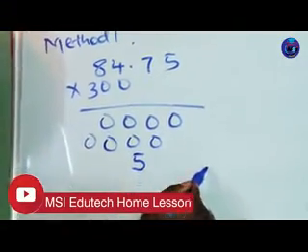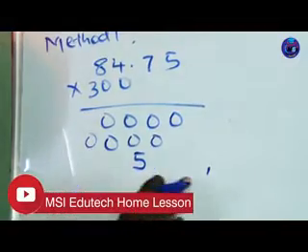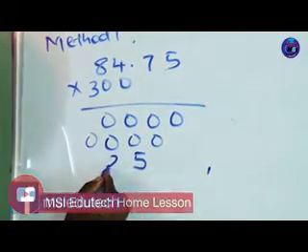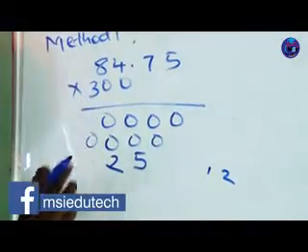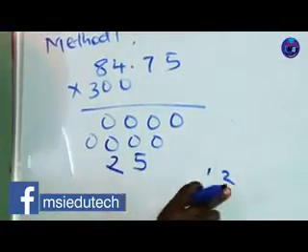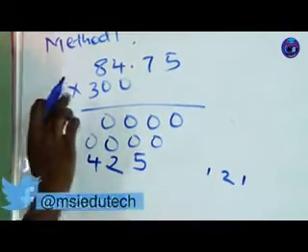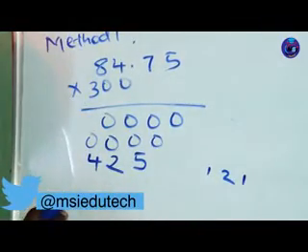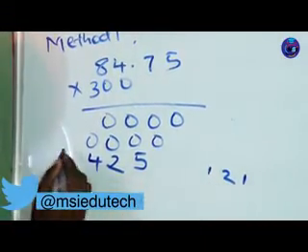Write 5 and lift 1. 3 times 7, 21 plus 1, 22. Write down 2 and lift 2. 3 times 4, 12 plus 2, 14. Write down 4 and lift 1. 3 times 8, 24. 24 plus 1, 25.